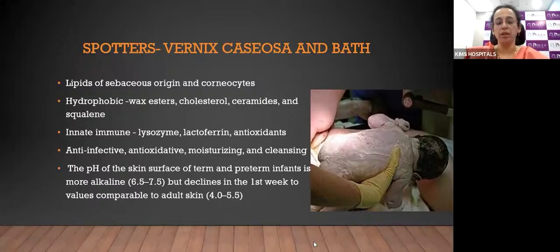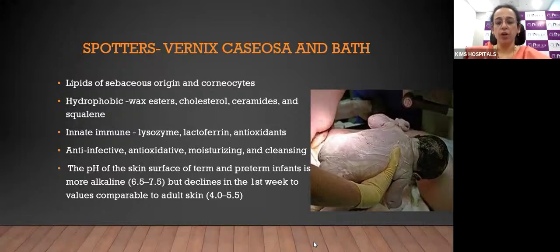It is hydrophobic in nature, and it is composed of wax esters, cholesterol, ceramides, and squalene, and it is also rich in innate immune factors like lysozyme, lactoferrin, and antioxidants. The vernix caseosa has anti-infective, antioxidative, moisturizing, and cleansing properties. So we should never try to forcibly remove the vernix caseosa after the birth of the baby.